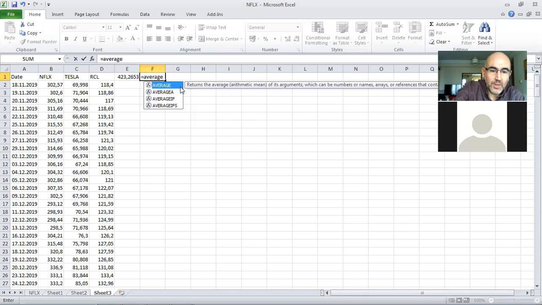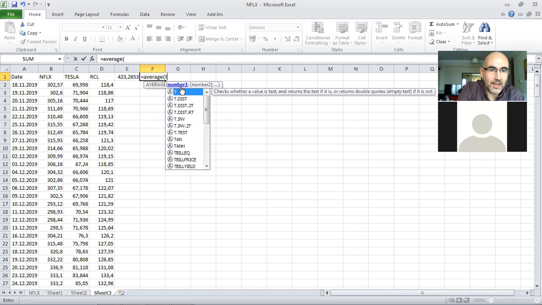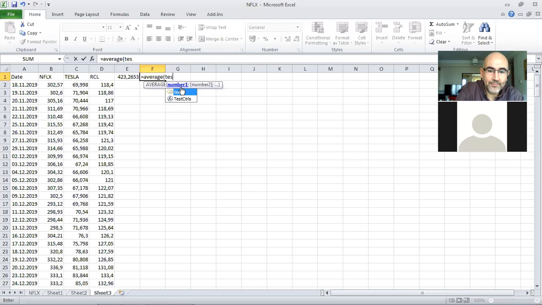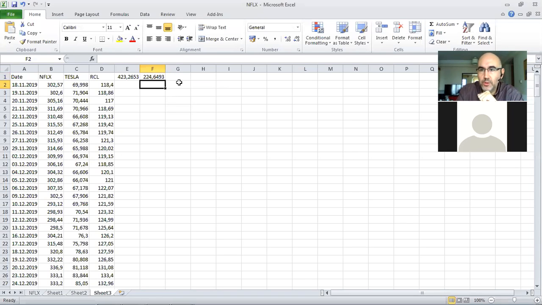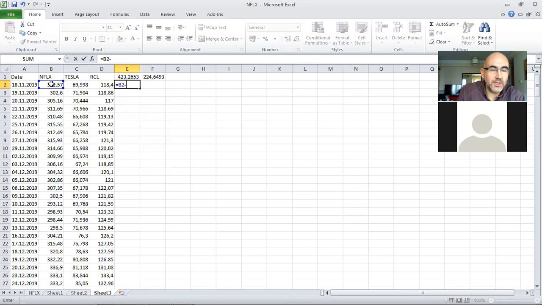Then I can do this for Tesla, since I gave it a range name, and it's 224. So what I have to do now is calculate the differences between each value and the mean.